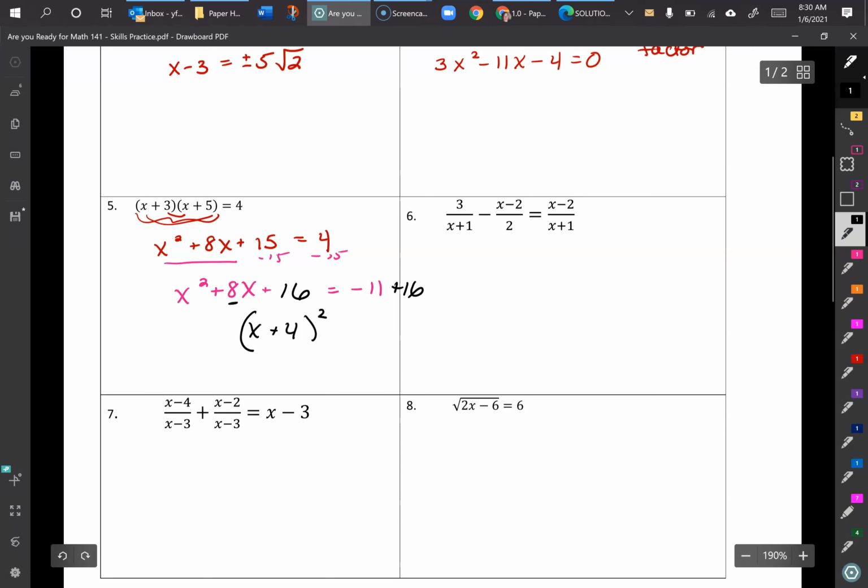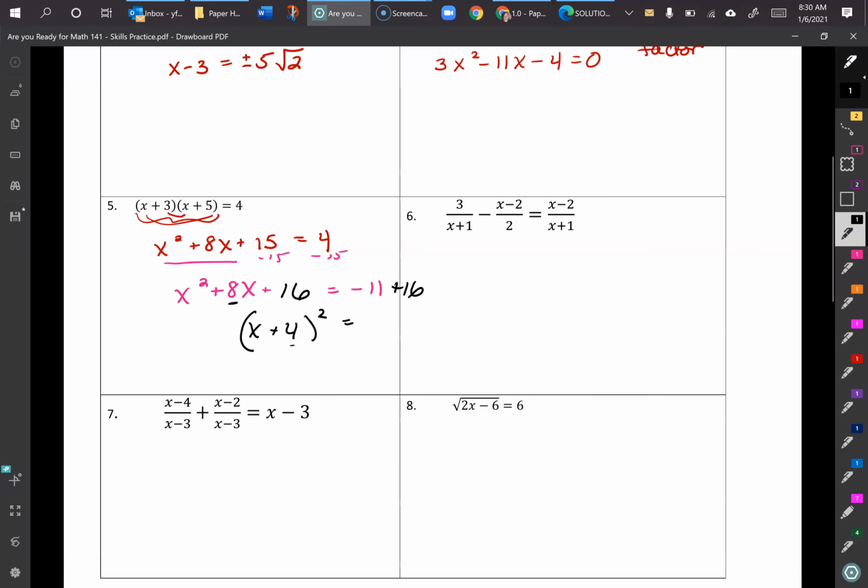And if you were to FOIL that out, you would get the x^2 plus 8x plus 16 back. Now be careful here too, we don't distribute exponents either. We would have to have that middle term. You have to expand the whole thing out.